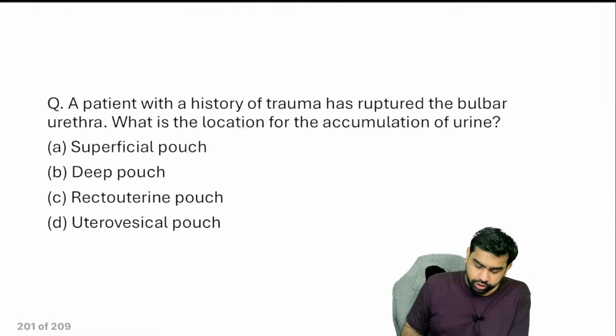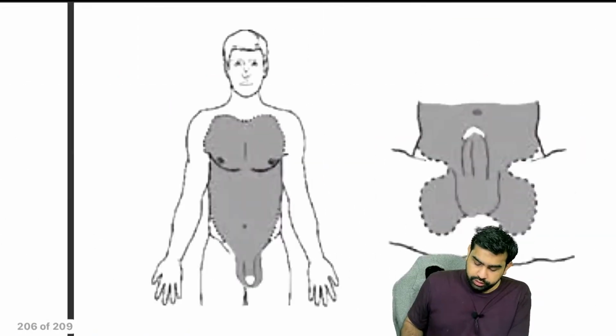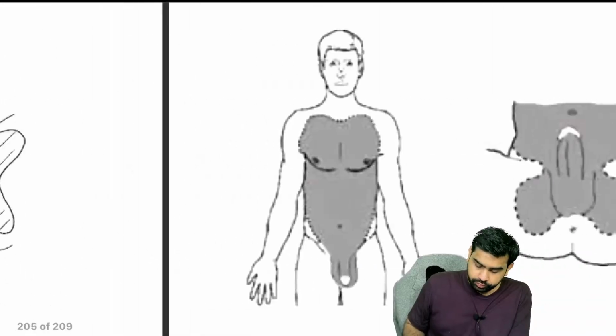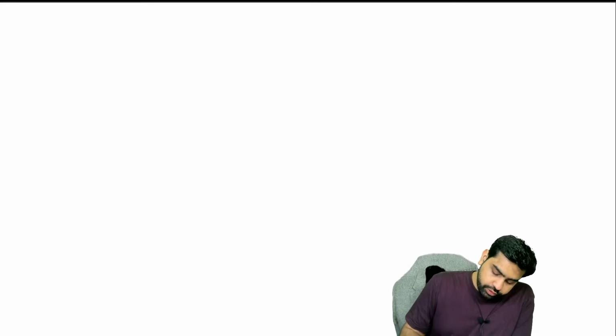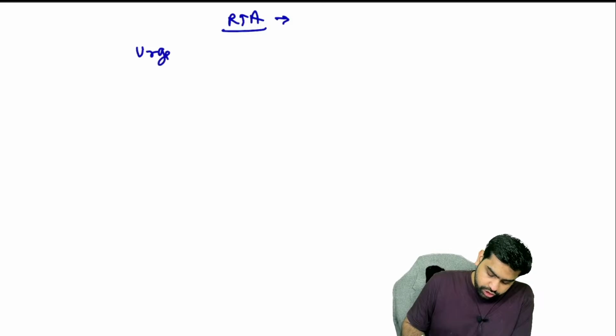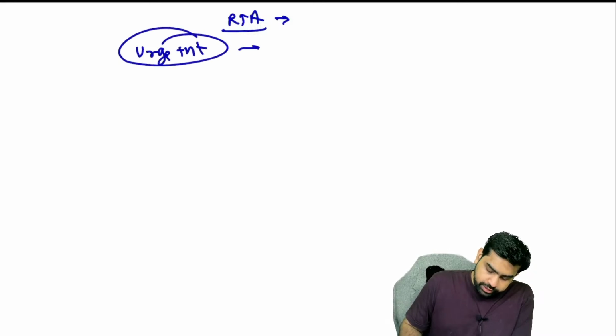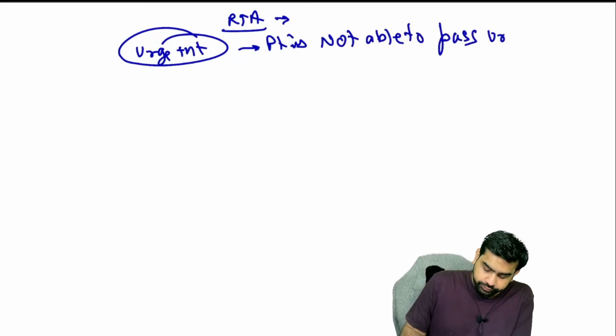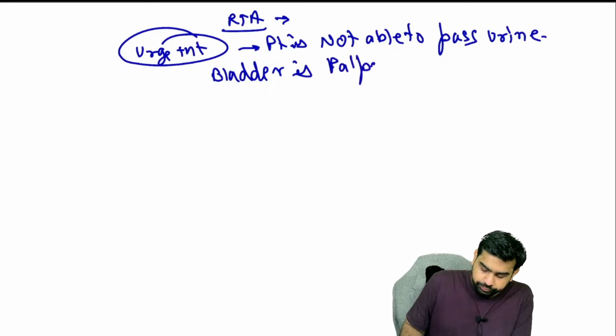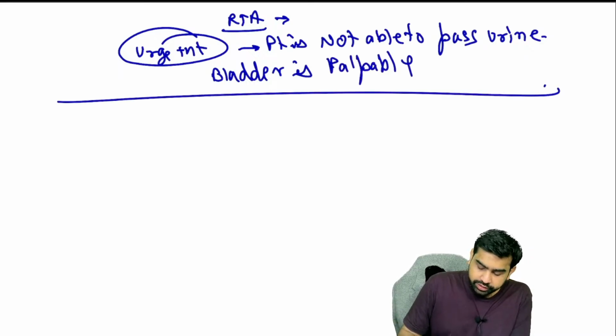So whenever you have a patient with a road traffic accident, and after that the patient has the urge to pass urine but is not able to pass urine, and the urinary bladder is palpable, in this particular scenario, what do you suspect?